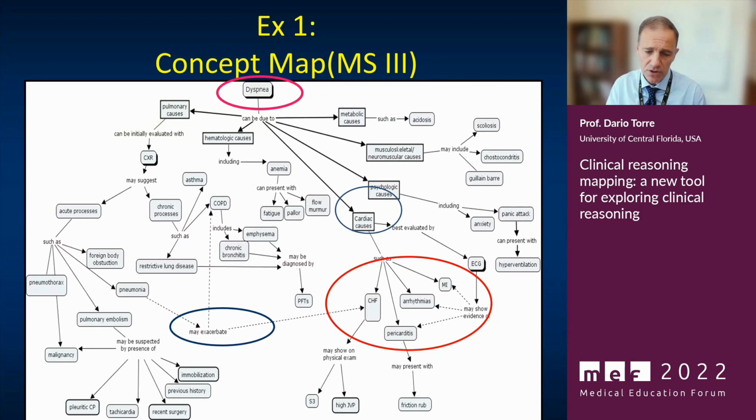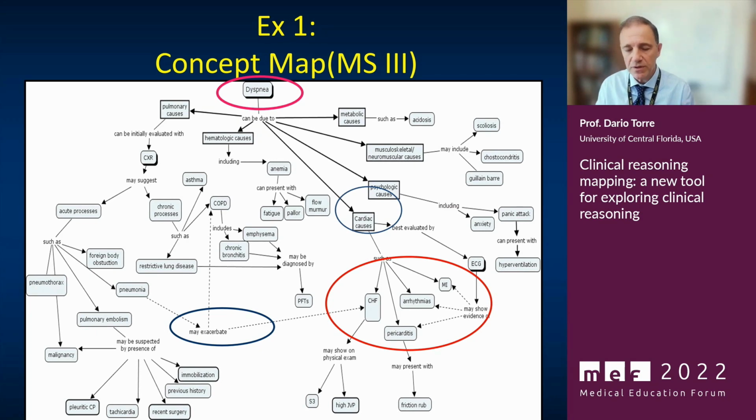But what I'd like to show you here is not only the hierarchy and the progression of the map from the most general concept to more specific concepts, and so on, but, for example, the presence of a cross-link. As you can see here, pneumonia may exacerbate congestive heart failure. Now, this is a cross-link.